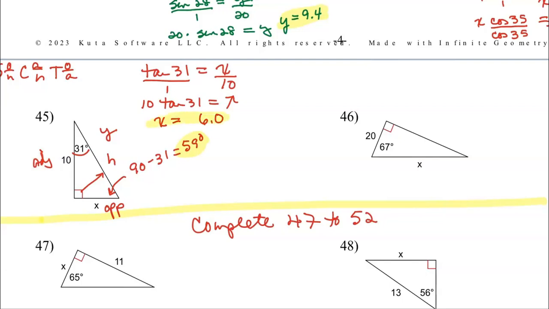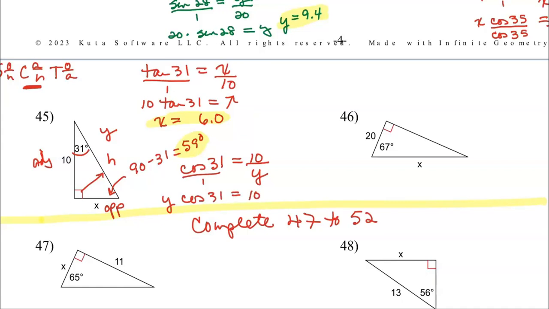Okay, the next one I'm going to do, I need the hypotenuse, and I have the adjacent. Adjacent and hypotenuse, that's cosine. So I'm going to say the cosine of 31 degrees equals adjacent, which is 10, over the hypotenuse, which I called y. Okay, two-step problem. y times the cosine of 31 equals 10.